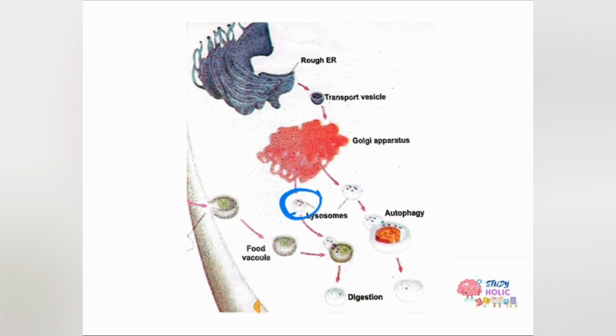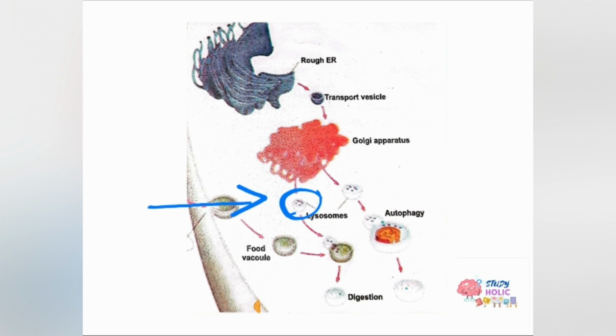The lysosome has to break down the food particles. The food particles enter the cell as a food vacuole, and they are named according to their mode of entrance. There are basically three modes of entrance: endocytosis, phagocytosis, or autophagocytosis.